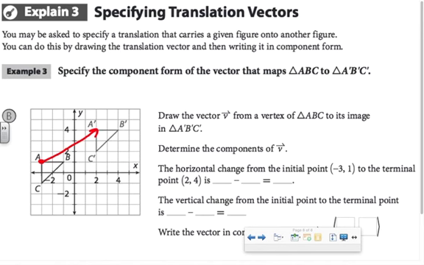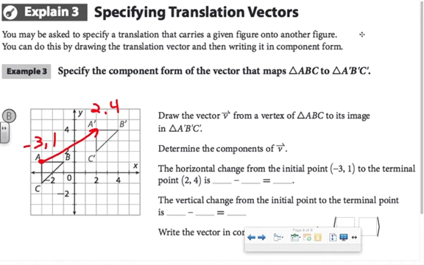So in order to do that, they said, hey, notice that the horizontal change from the initial point -3, 1 to the terminal point 2, 4 is something minus something.